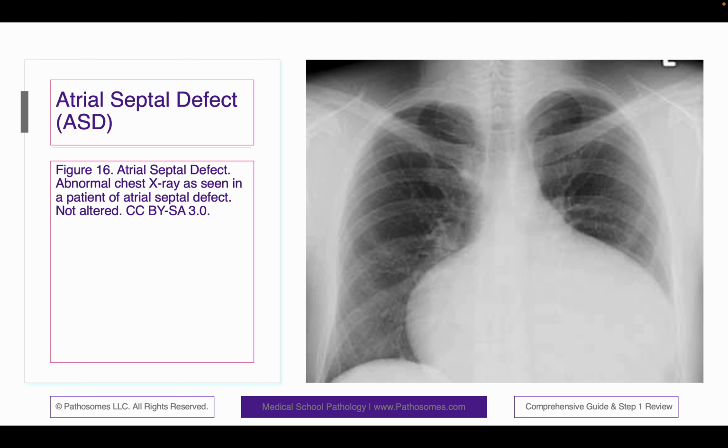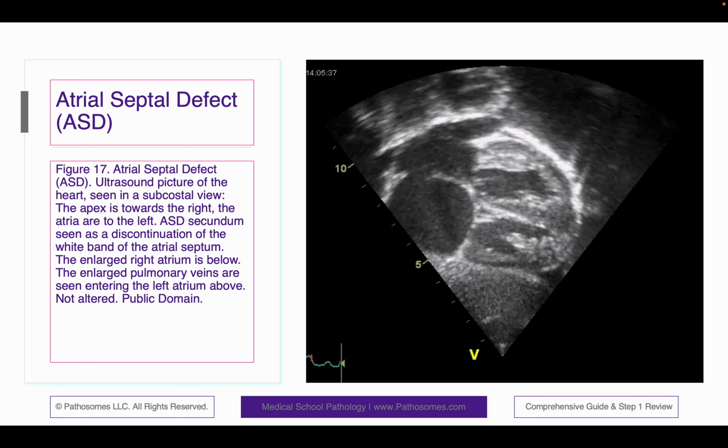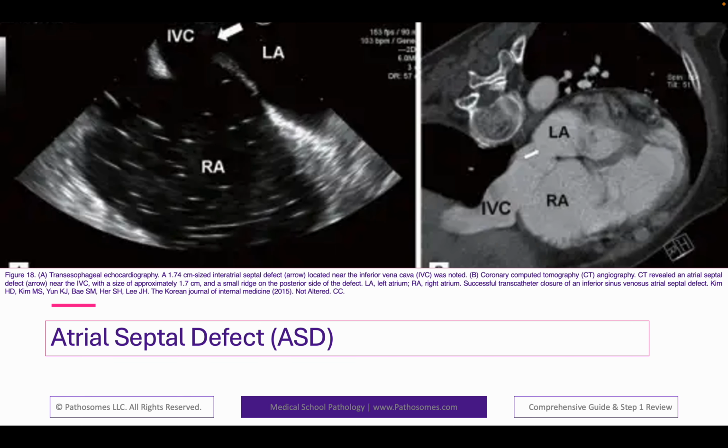And here we have imaging, specifically an abnormal chest X-ray, as seen in a patient that has atrial septal defect. And this image is showing an ultrasound picture of a heart that only an advanced radiologist would be able to decipher, showing an ASD. And here we have a transesophageal echocardiography showing a particular heart defect, as well as a CT scan on the right.